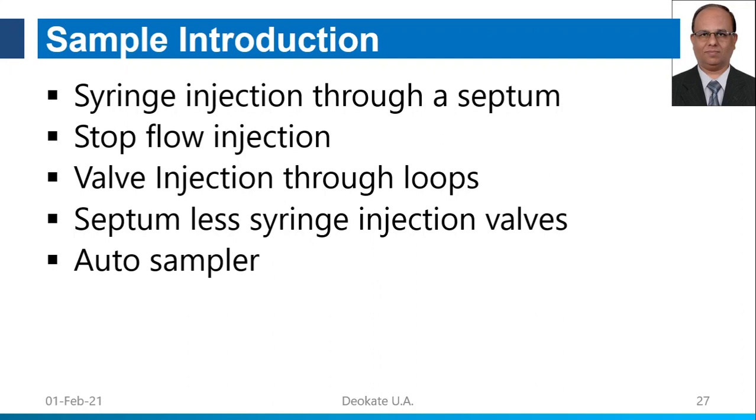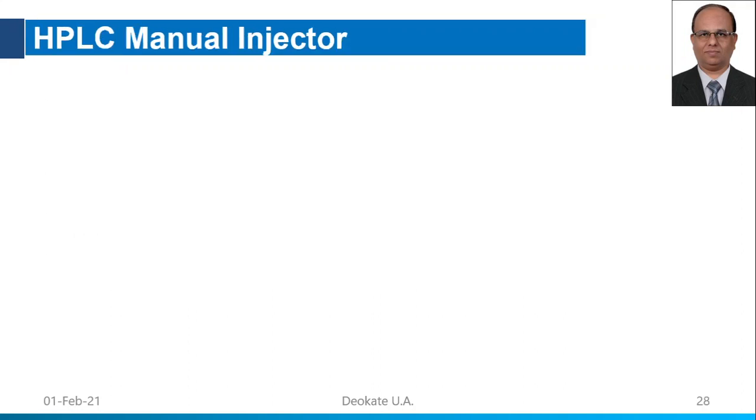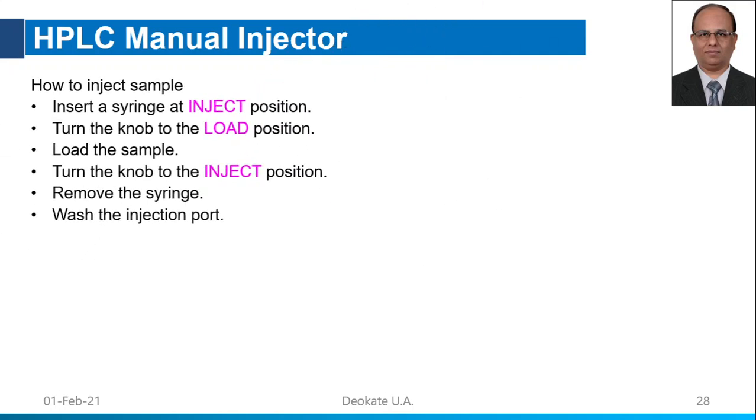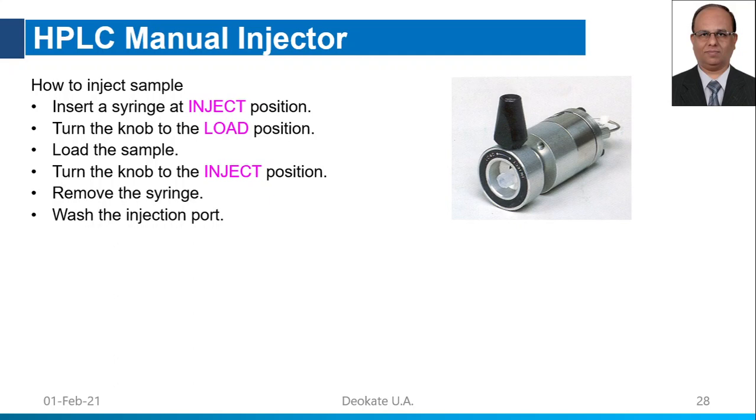The modified forms are septumless syringe injector valves and the autosamplers. Generally, we have either the Rheodyne injectors or an autosampler equipped with the instrument. The HPLC manual injectors are such Rheodyne injectors, which have an inject position and a load position.